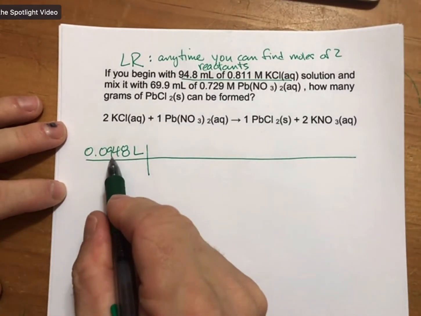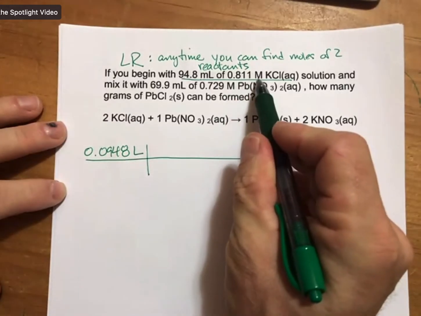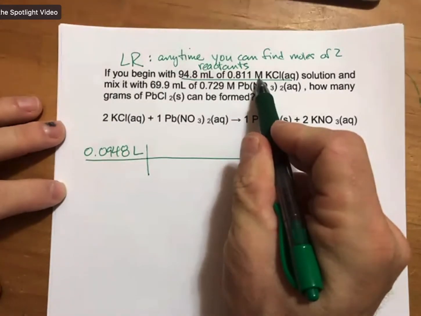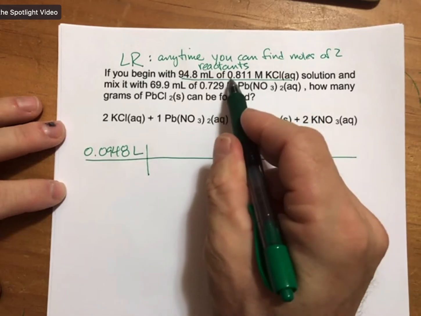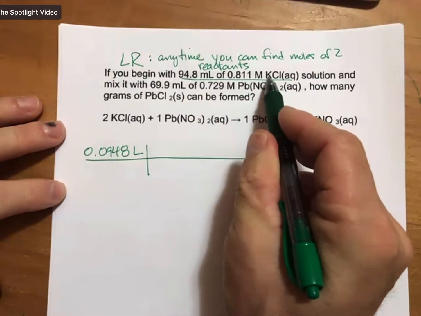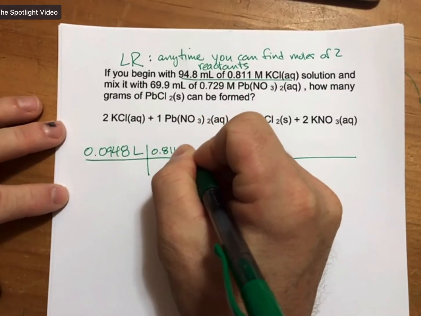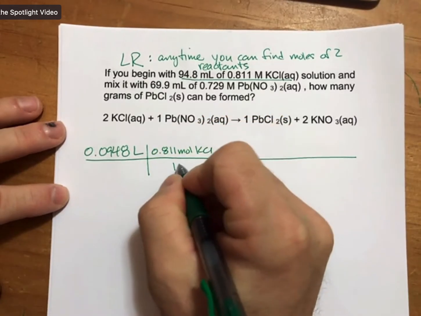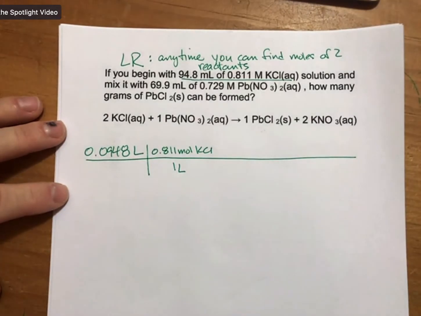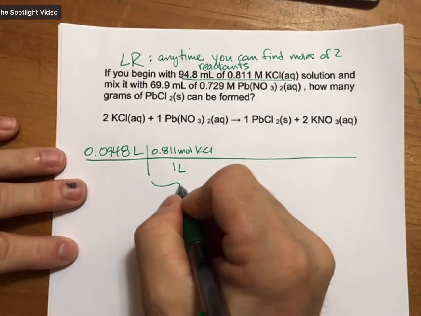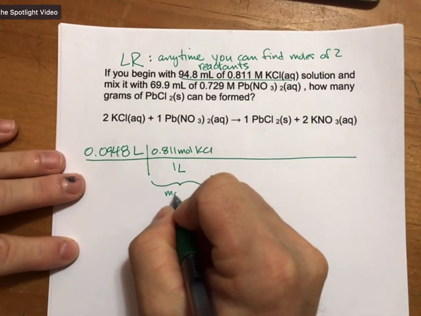I have my liters. I have my molarity. I'm going to write molarity out as moles per liter, so 0.1811 moles of potassium chloride per 1 liter. And this is the molarity.